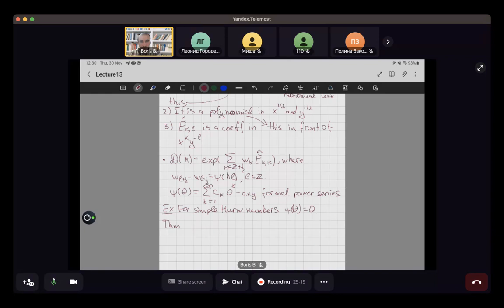Okay, and the theorem without proof. We define this curly D as some combination of these E operators, and these E operators we define through this huge formula as some combinations of p_i's and d over dp_i's, and therefore we should have some formula for this curly D as an operator in p_i and d over dp_i.